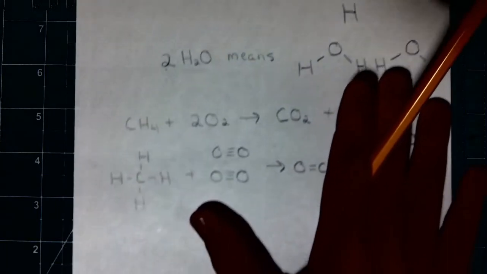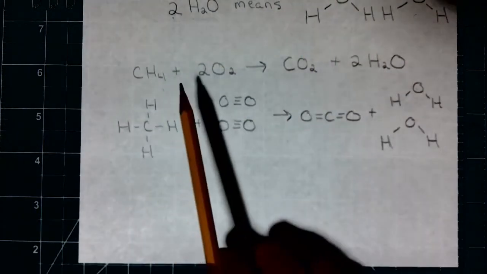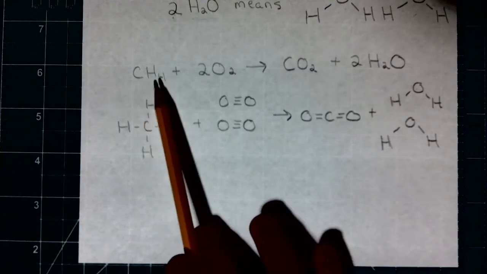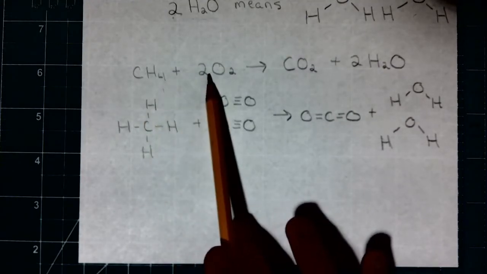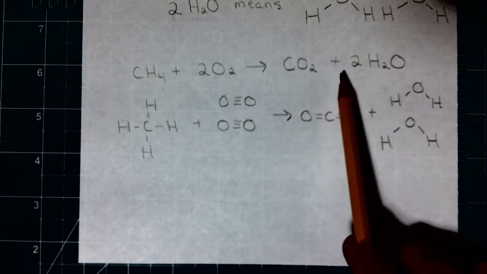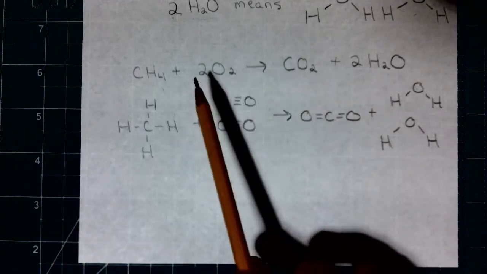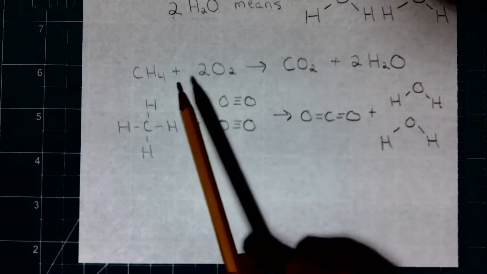Now, if I combine that together into a reaction, I get something like this. So I get CH4 plus 2 diatomic oxygens is going to go to CO2 plus 2 H2O. This is a classic combustion reaction.